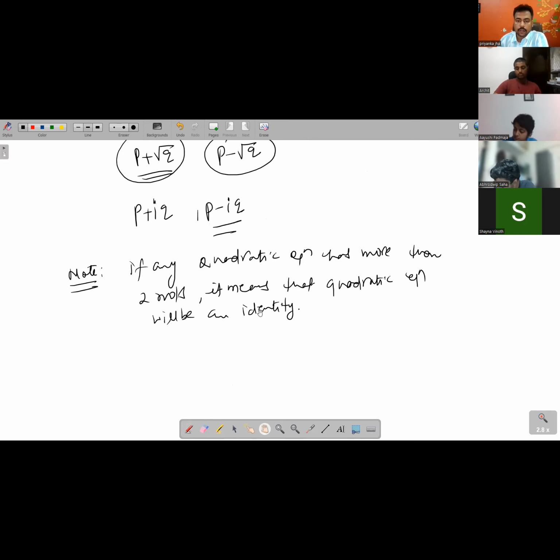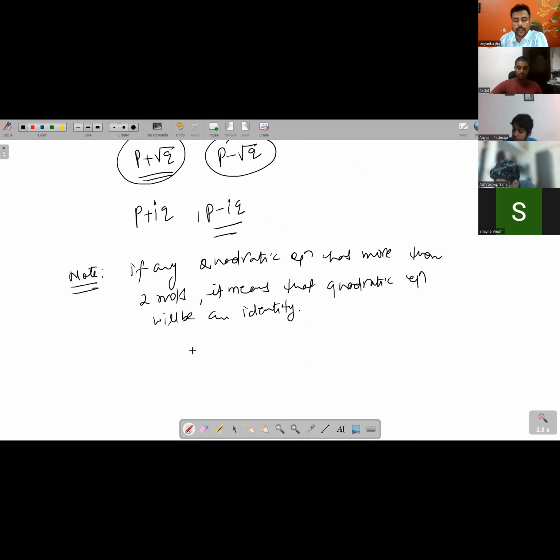Suppose I'll give you questions as well, don't worry. Suppose we have ax square plus bx plus c equal to 0, a quadratic equation. And in the question it is said that this equation is satisfied for all values of x. But we know that this is a quadratic equation, so we can have only two values of x for which this equation is satisfied. But the question says that this equation is satisfied for all values of x.